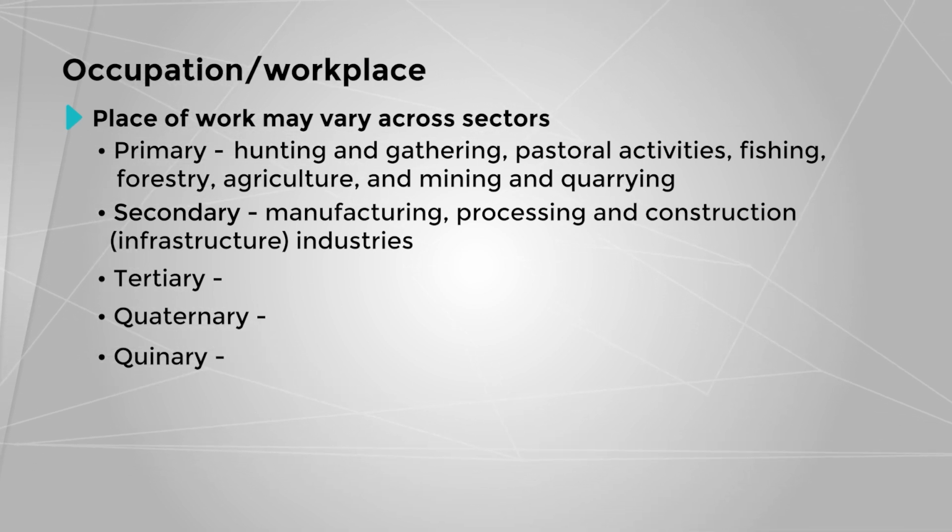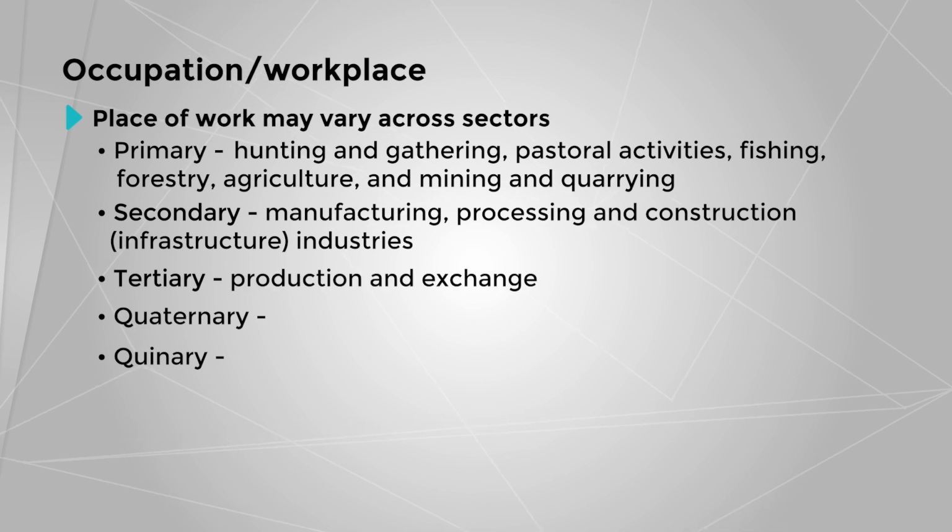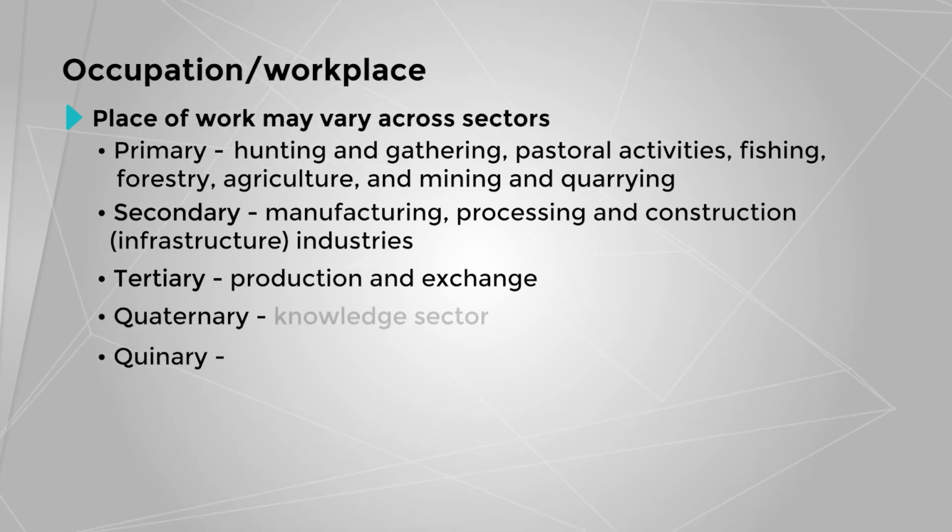People engaged in secondary activities are called blue collar workers. Tertiary activities include both production and exchange. The production involves the provision of services that are consumed, and exchange, which involves trade and transport. Tertiary jobs are also called white collar jobs.